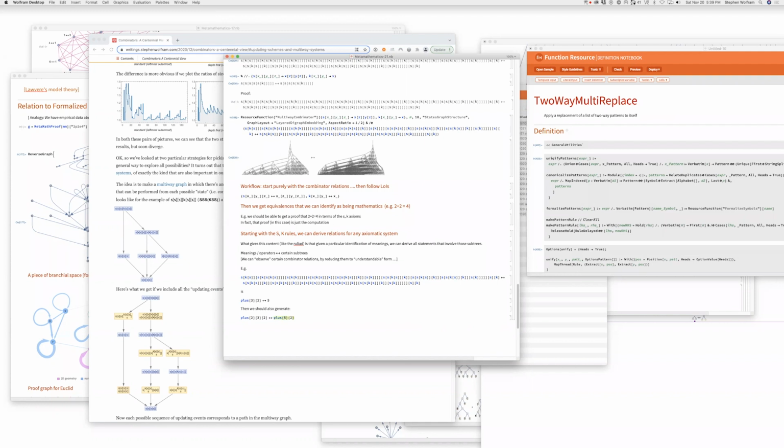Okay, well, then we should also generate that purely by just machinery, purely by just applying the machine code.